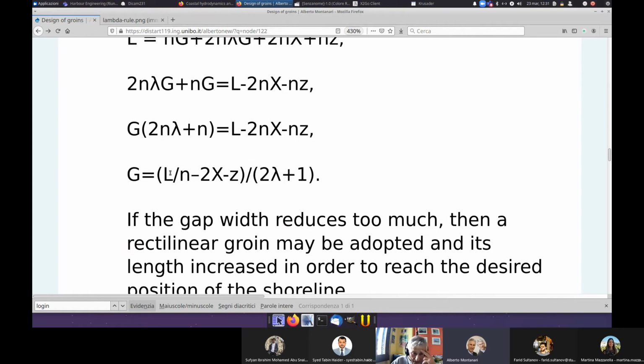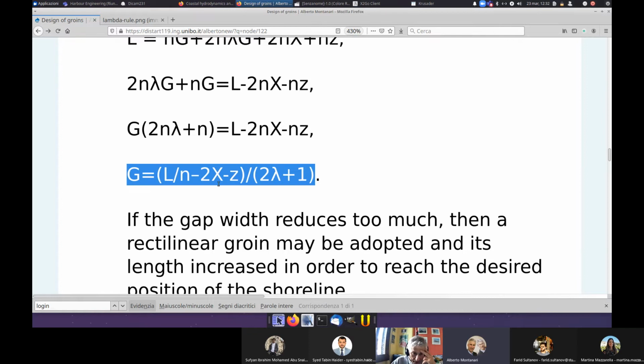Depending on the total length of the intervention, L, the number of cells, N, and depending on X. Remember, X is 0 if you want to bring the low water shoreline to the top of the groin, X is equal to W if you want to bring the high water shoreline to the top of the groin. Depending on Z, Z is the width of the body of the groin, and then depending on lambda.